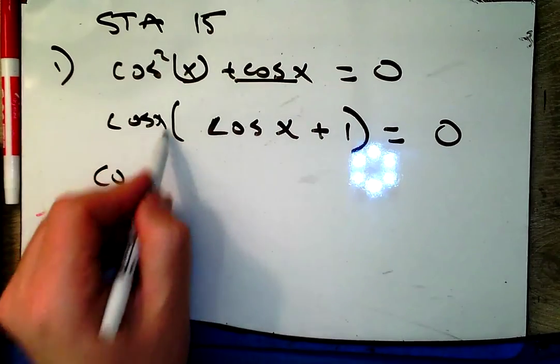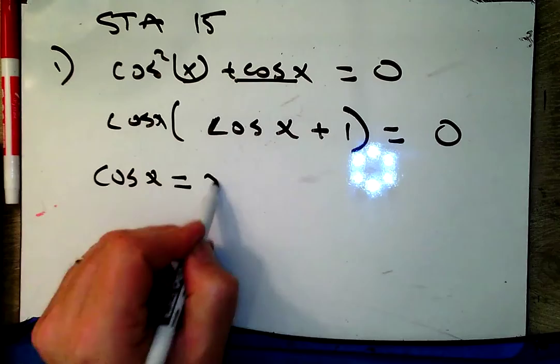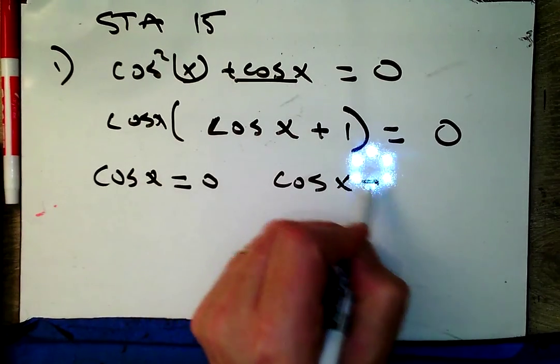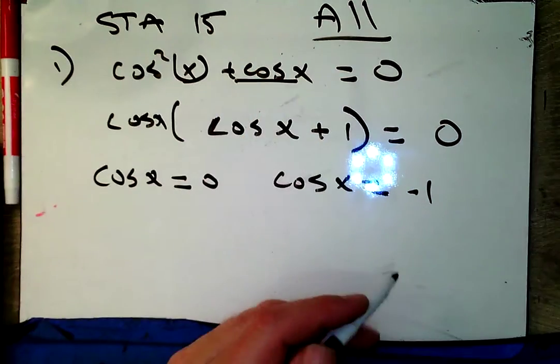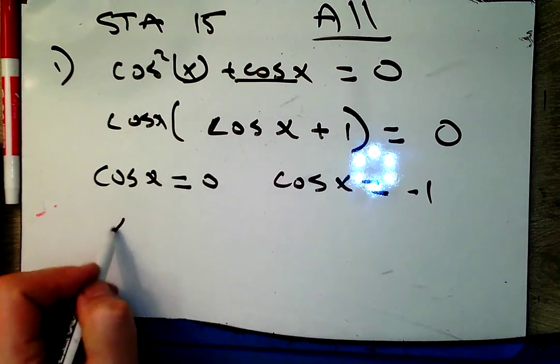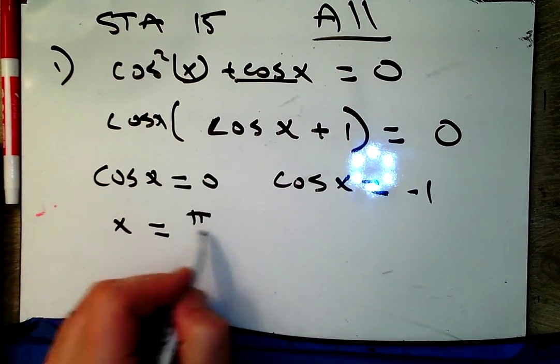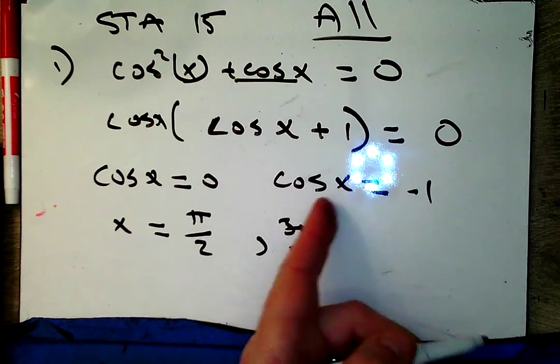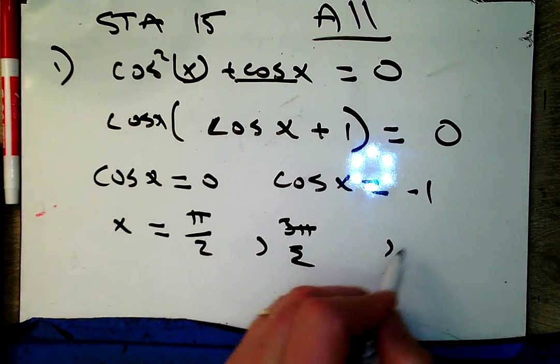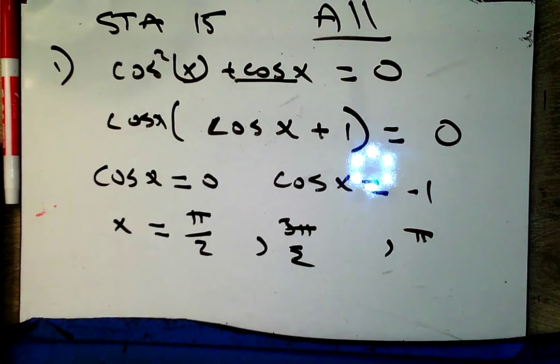And so we get cosine x equals 0 and cosine x equals -1. This is all solutions. So when does cosine equal 0? Cosine is the x value. X value is 0 at pi over 2 and 3 pi over 2. When is cosine -1? That only happens at pi.